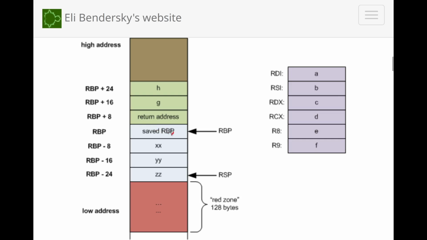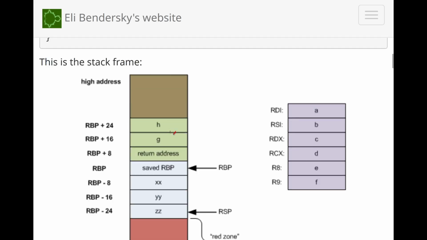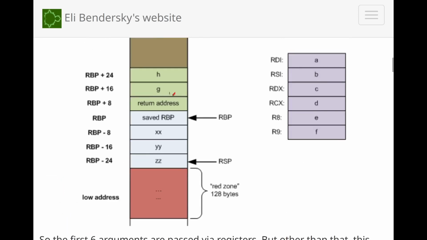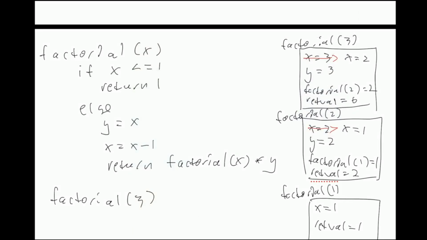Okay, so this RBP is called the base pointer in the Intel world. And the base pointer points to the calling function's stack frame. So this is how, in our toy example here, factorial of 1 knows how to find the previous stack frame for factorial 2. It saves the address in memory of this stack frame.